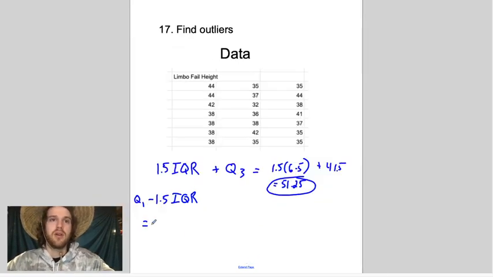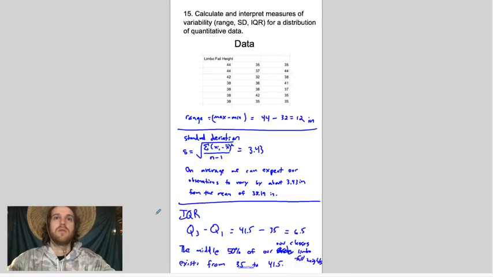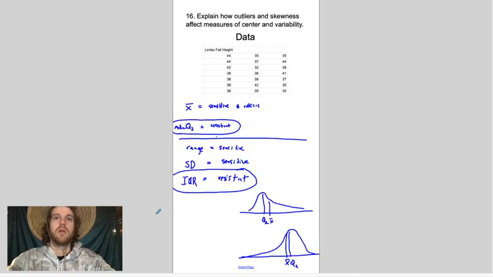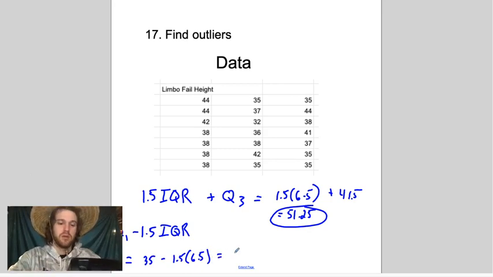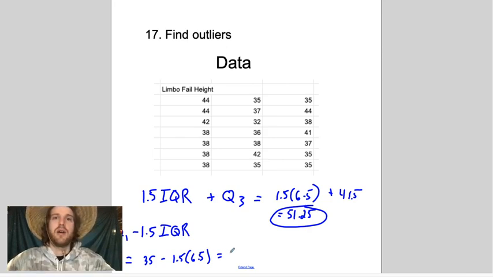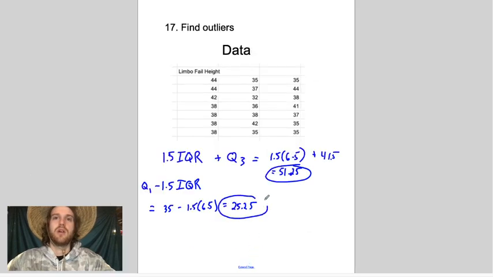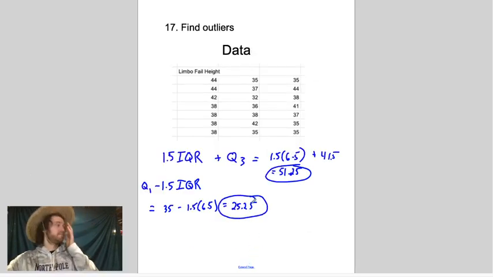And then down here, Q1, I think was 35. So we do 35 minus 1.5 times 6.5, our IQR, which is 25.25. If you have anything lower than 25.25, you've got an outlier, which we don't, so we're in good shape.